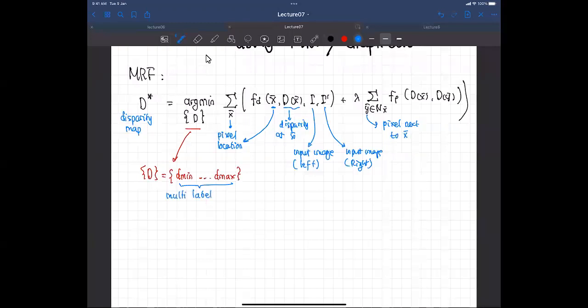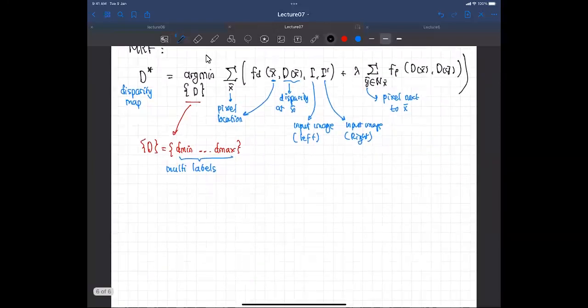This is a multi-label Markov random field. Any questions? So now the next thing, if there are no questions, is the definition of this part here.